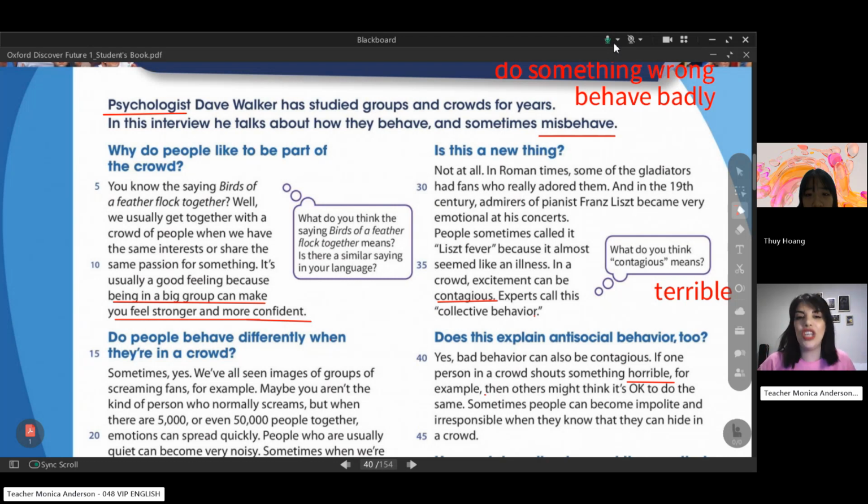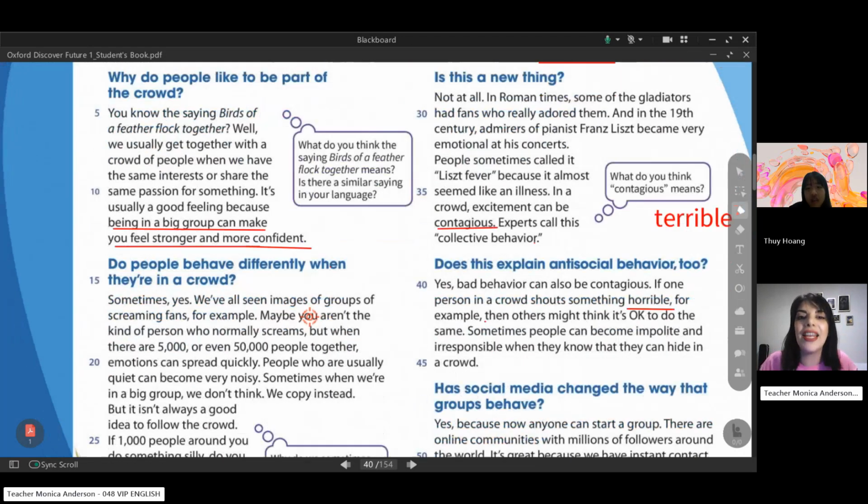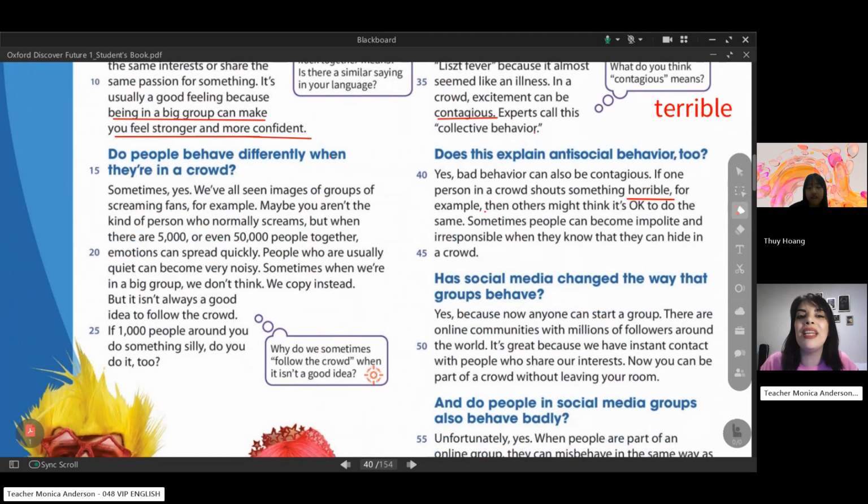It means catching. It means contagious, okay? Now when we say excitement can be contagious, it means when you are excited, the next person can be excited as well. So all the people in the crowd can have the same attitude, behavior. So this is the meaning of contagious.